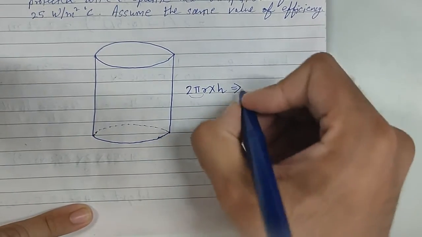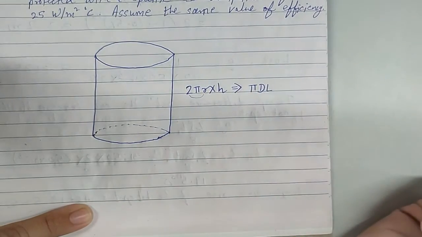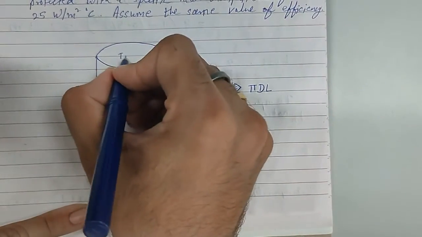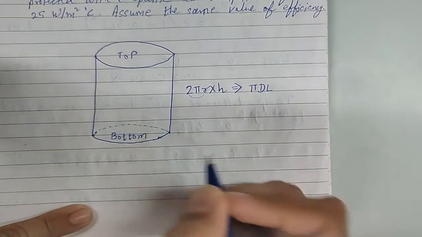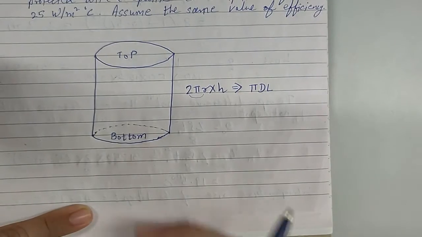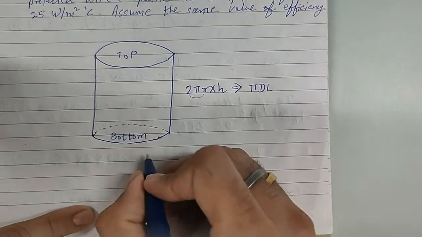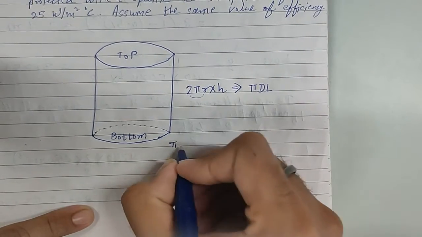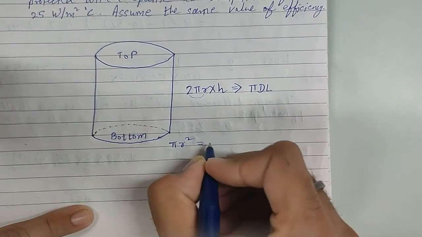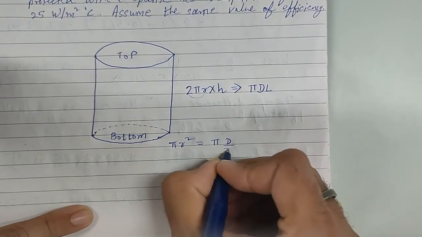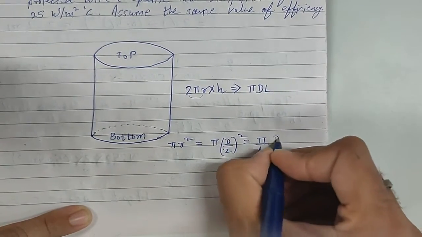So the formula would be pi into d into the length of the machine, that is L. Now, talking about the top surface and the bottom surface, since this is a regular cylinder, the top and the bottom part would have the same area, which would be equal to pi r square, but since we do not have r, this can also be written as pi d by 2 square, or in other words pi by 4 d square.